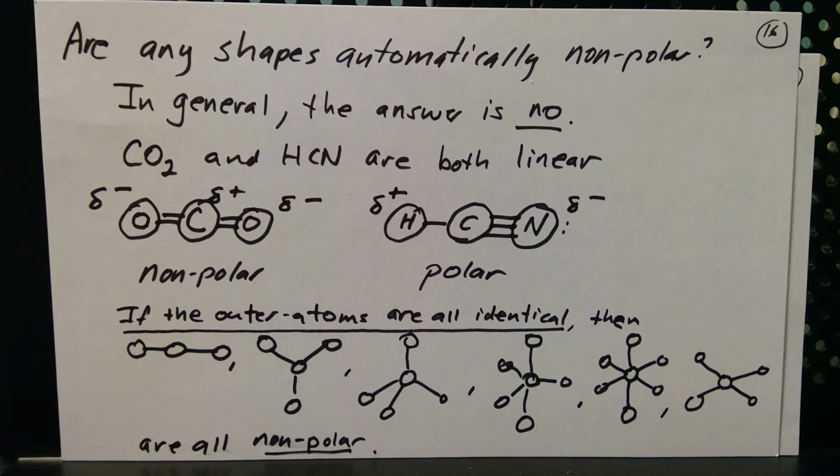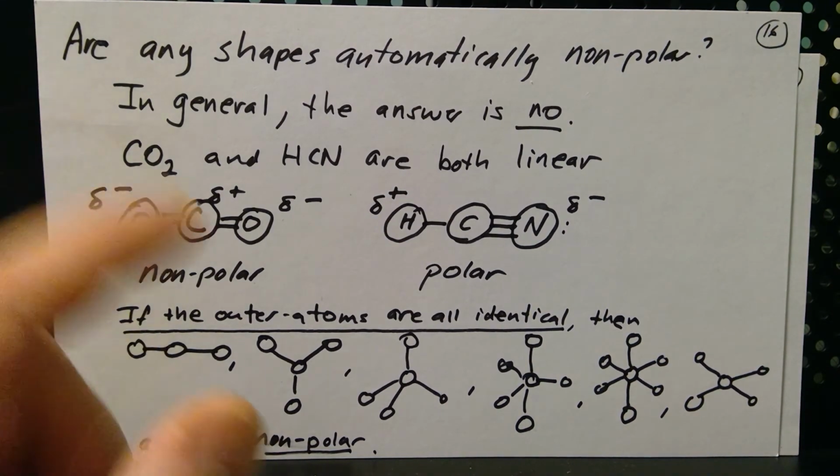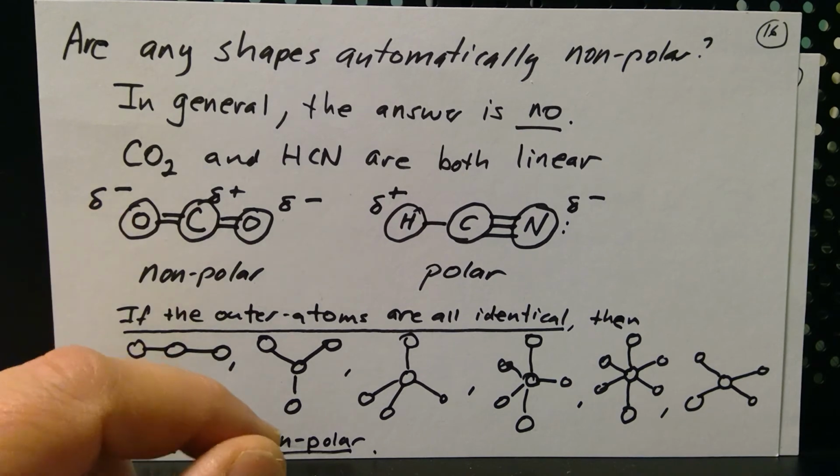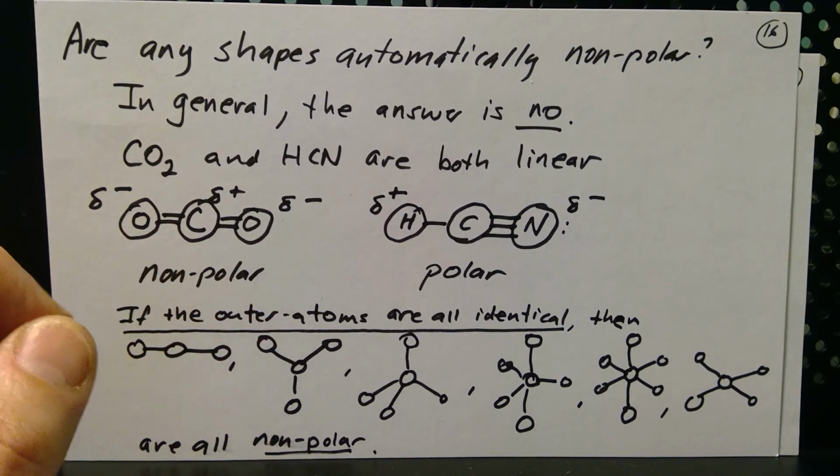So because of this, anything that looks really, really symmetrical, but has different atoms on the outside, will probably end up being polar.